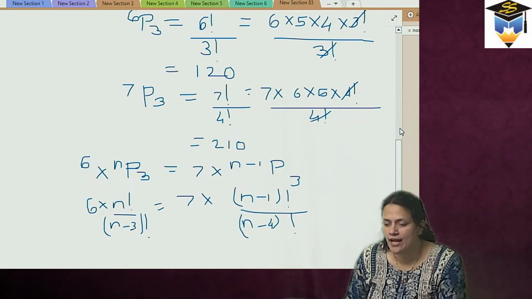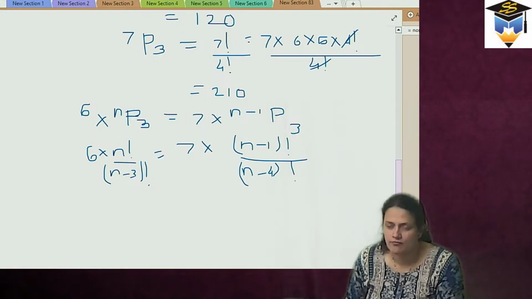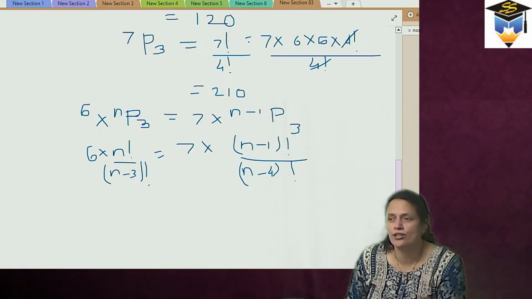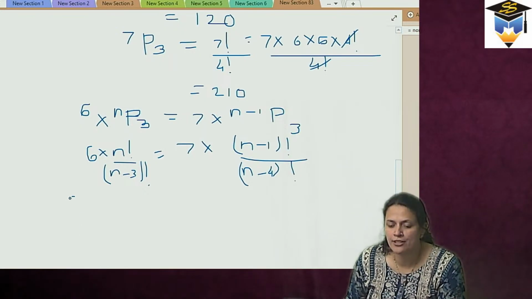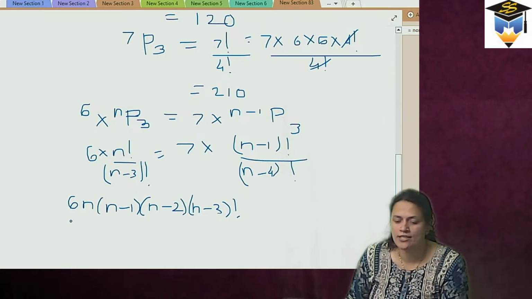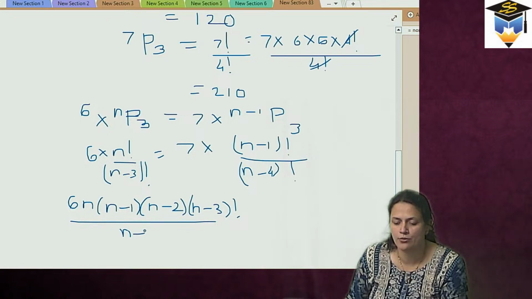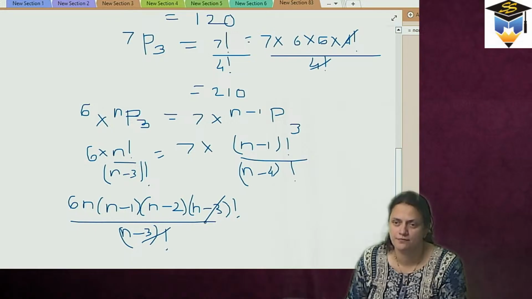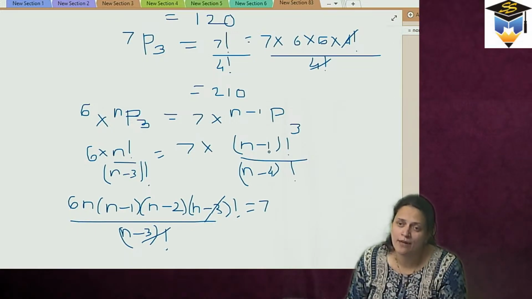Okay. Now how to solve it further? How can you write n factorial now? n factorial can be written as n into n minus 1 into n minus 2 into n minus 3 factorial. And what is in the denominator? n minus 3 factorial. So this and this will get cut. Similarly here, the same thing, 7. What is n minus 1 factorial?